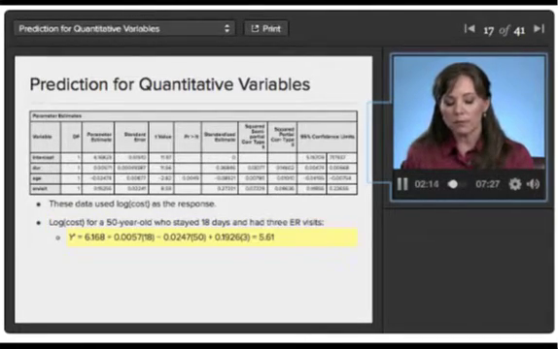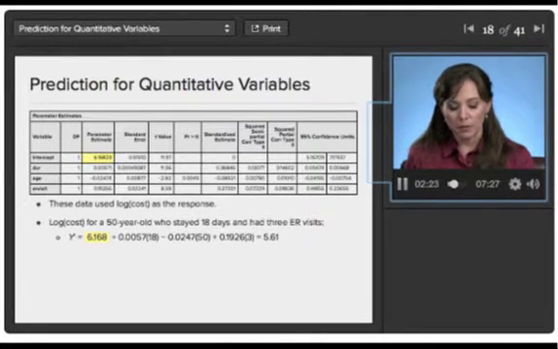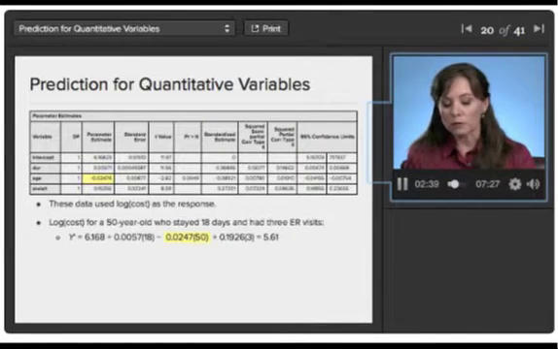So the predicted value for the response, in this case the log cost, is equal to 6.168, the estimate of the intercept in the table, plus 0.0057 times 18, where 0.0057 is the estimated slope for duration, minus 0.0247 times 50, where 0.0247 is the estimated slope for age, plus 0.1926 times 3, where 0.1926 is from this table as the parameter estimate for the number of ER visits.